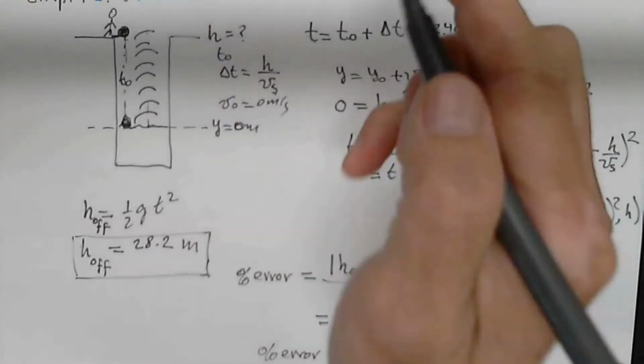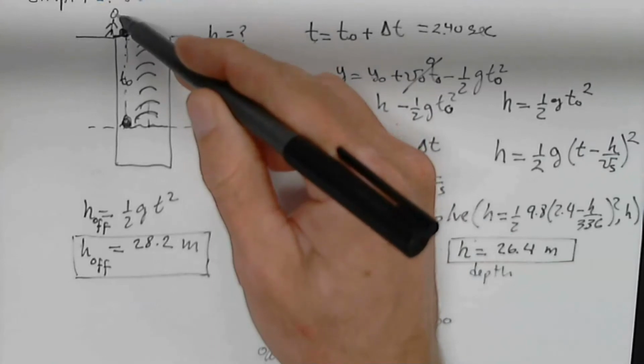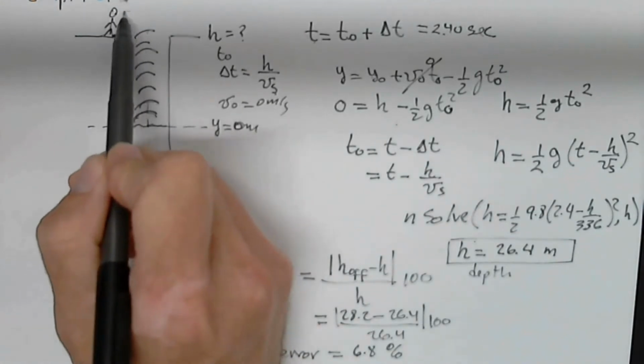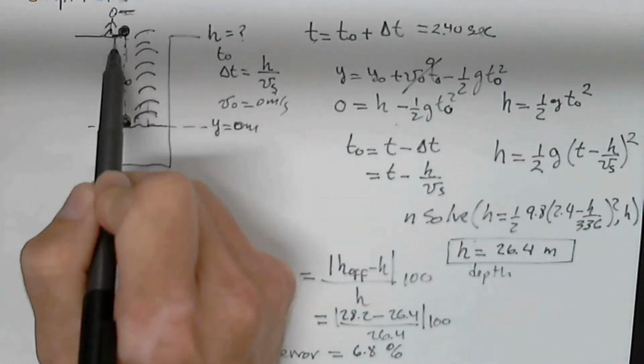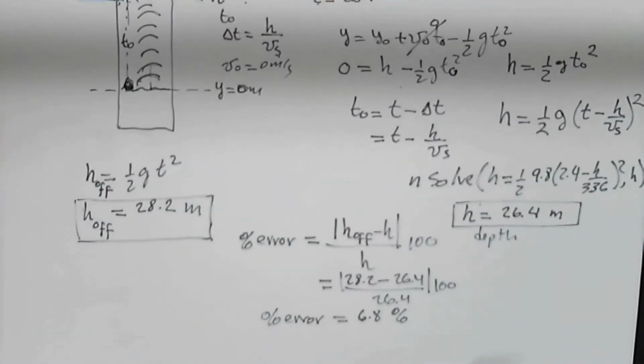How long does it take sound to go from the splash to the person's ears? Again, I'm not considering that the person is probably about 1.8 meters above the edge over here. I'm not considering how tall the person is. It's not given, and this is the answer.